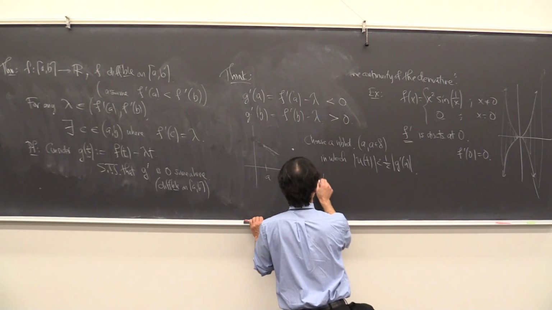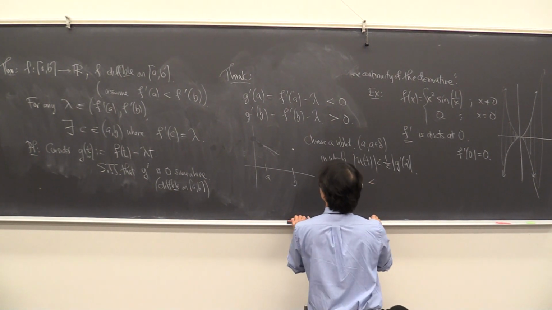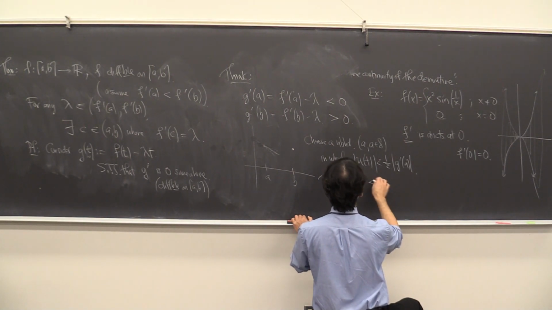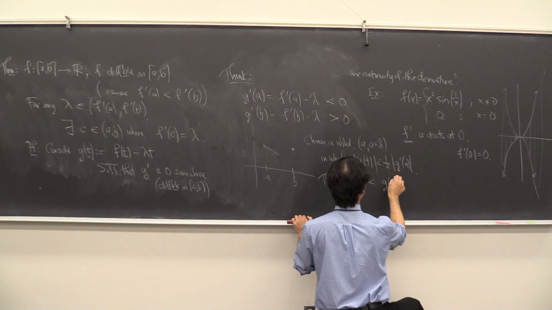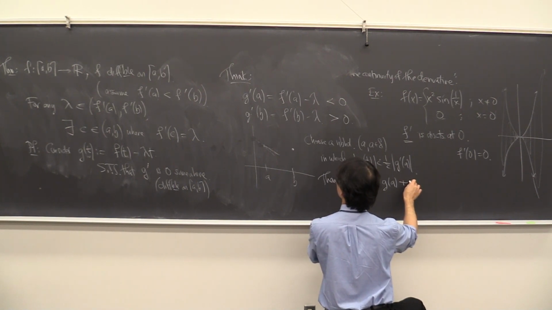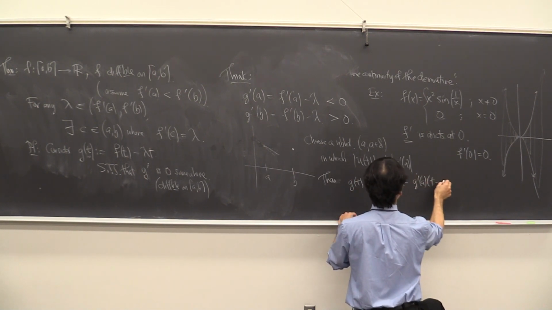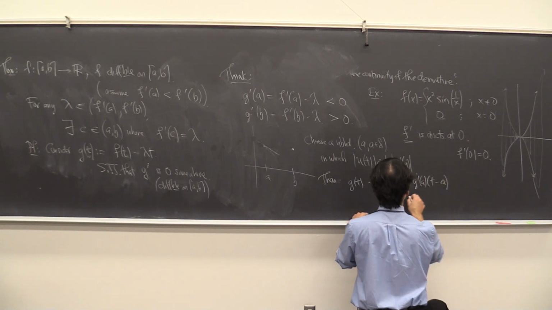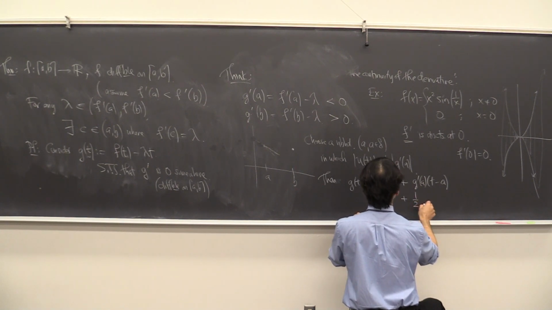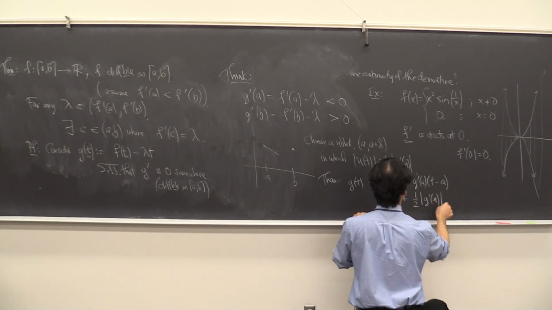So then g of t is smaller than the line: g of alpha plus g prime alpha times (t minus a) plus 1/2 g prime alpha times (t minus a).